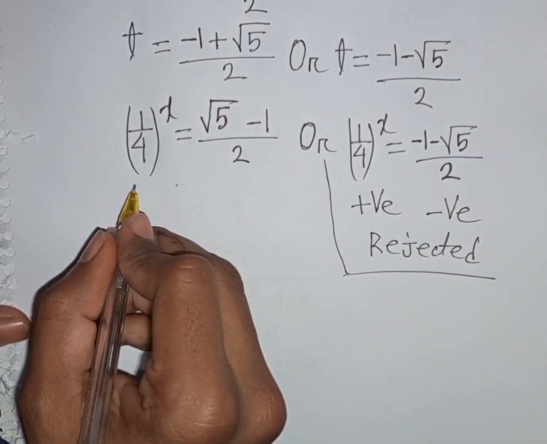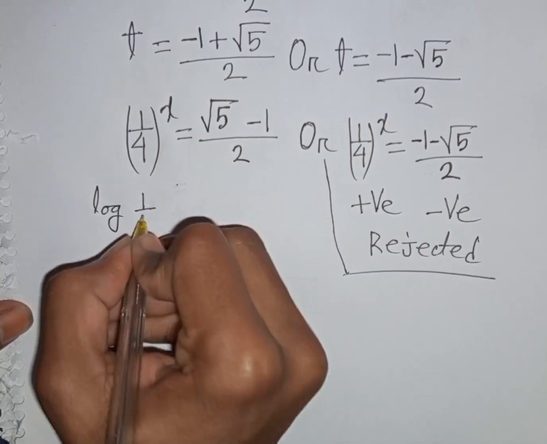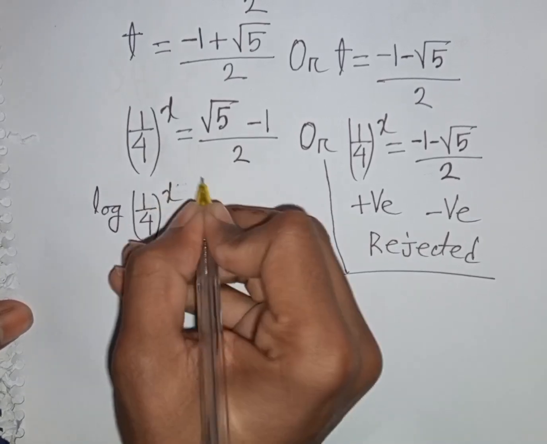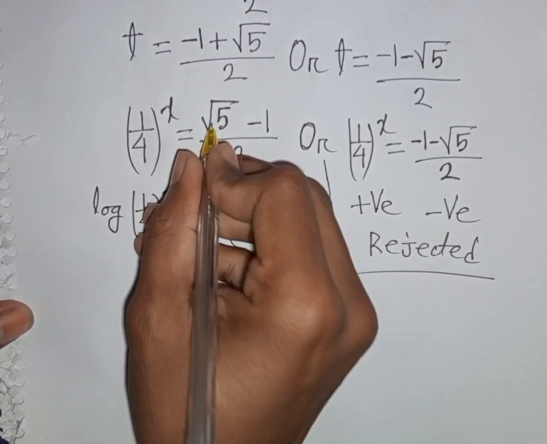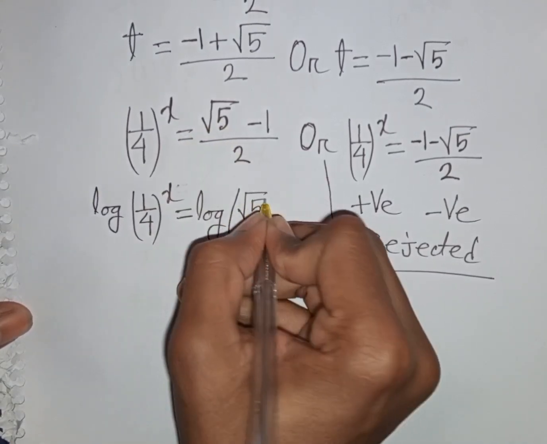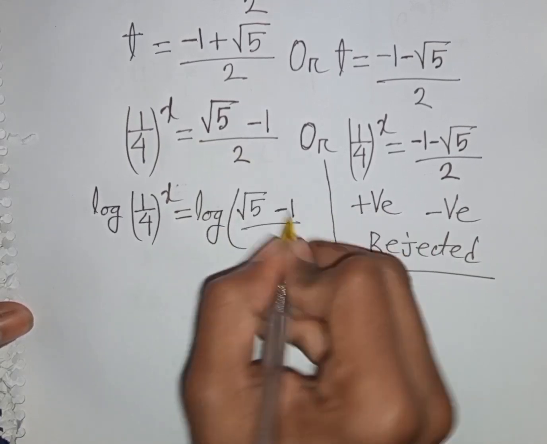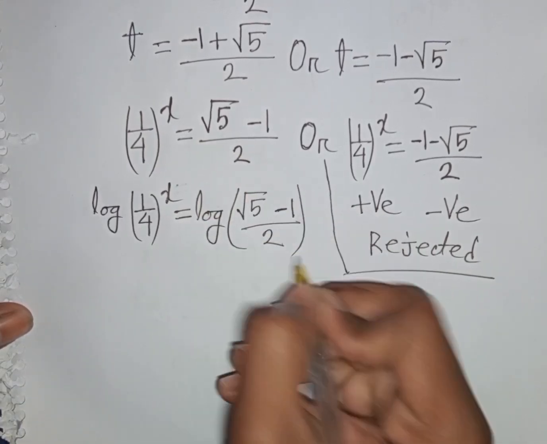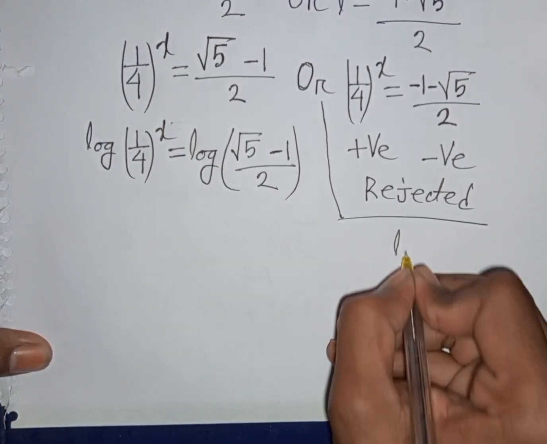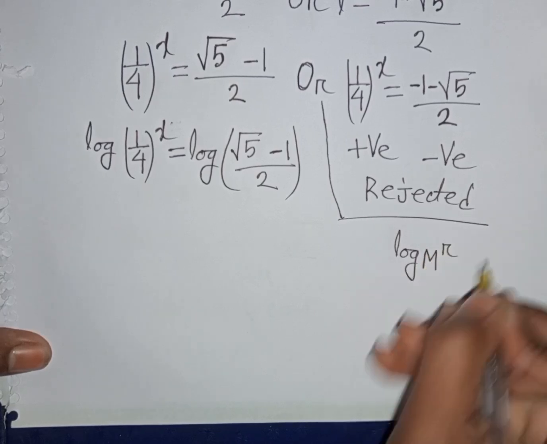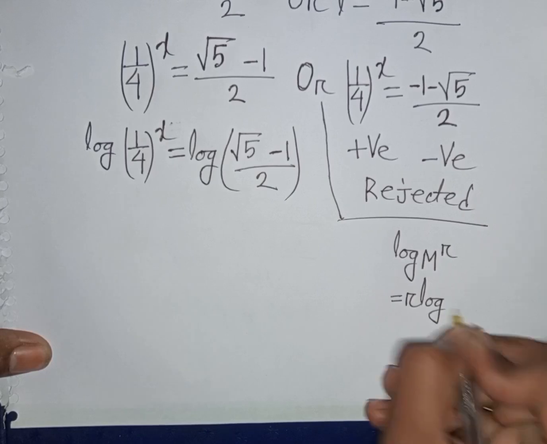Now, from here I take log on both sides. We can write log of (1/4)^x is equal to log of (square root of 5 minus 1) divided by 2. Now, here I can apply the rule that log m^r is equal to r log m.